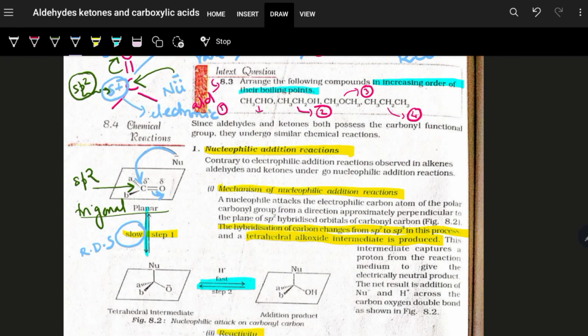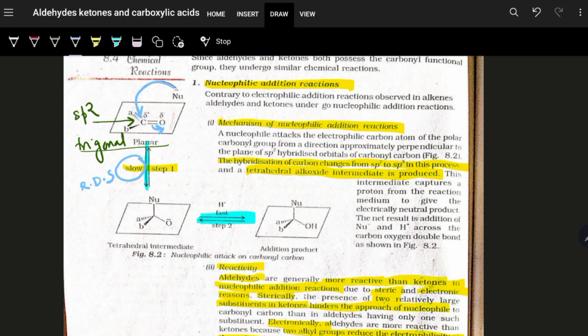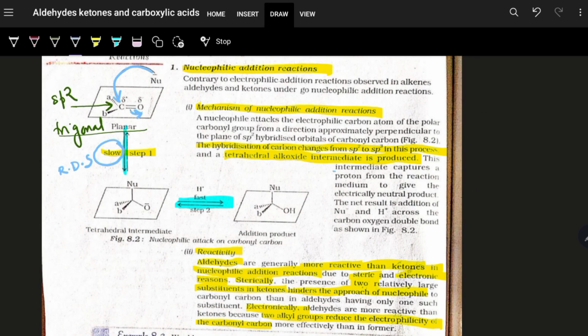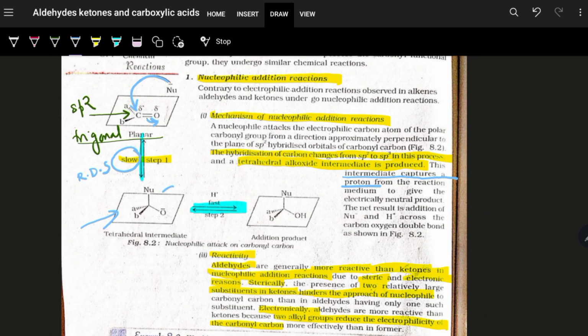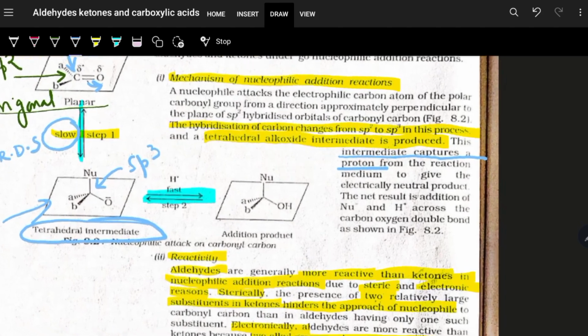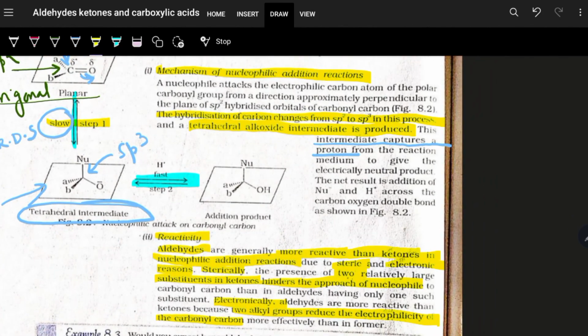So in the mechanism of nucleophilic addition reaction, the first step is the slow RDS. The second step is a fast step which involves protonation. The intermediate captures a proton, and the carbon over here is sp3 hybridized, for which the structure is tetrahedral.